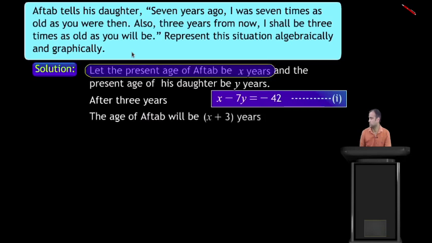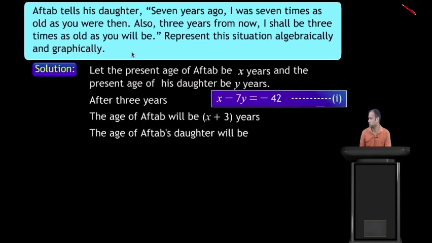After 3 years, the age of Aftab will be x plus 3. So after 3 years we have to add 3 to both, x plus 3 and y plus 3. So this is for Aftab and this for his daughter. So this is our next equation.